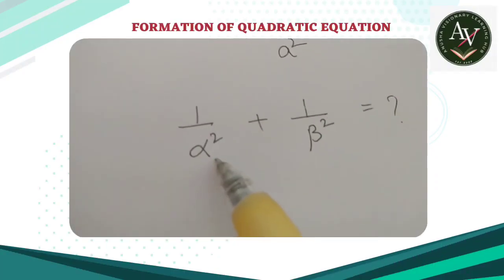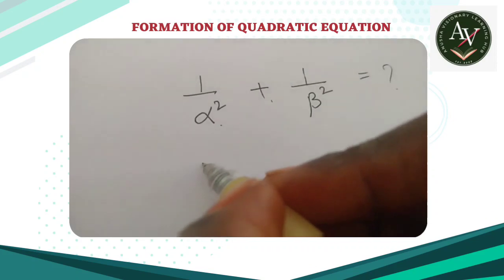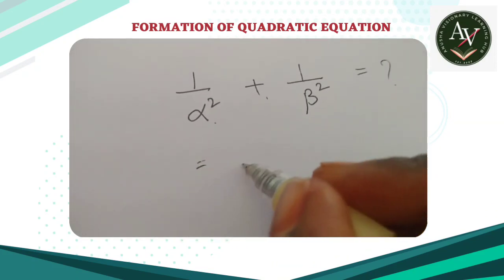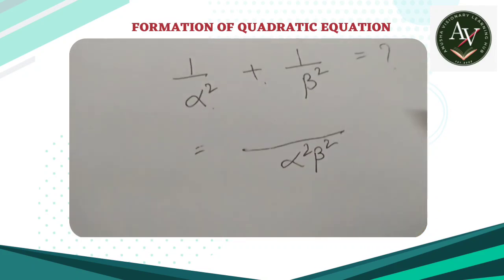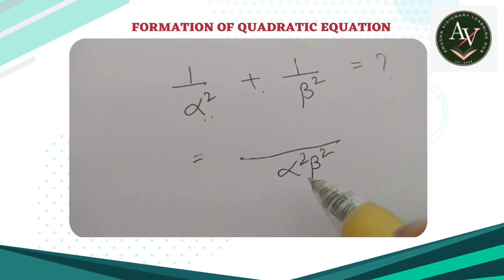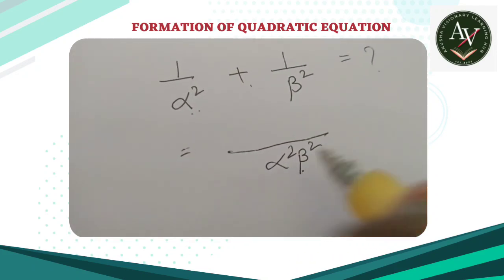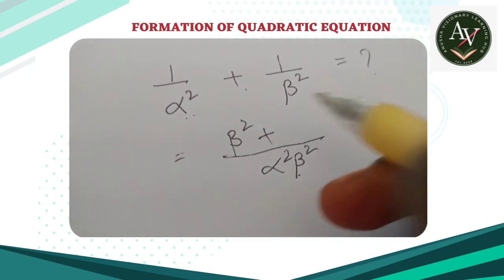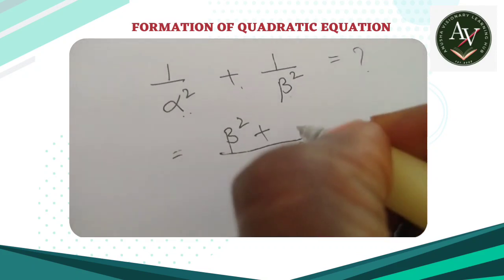Got it? Let's find 1 by alpha square plus 1 by beta square. For that we should take the LCM of alpha square and beta square. Then alpha square multiplied with beta square, if you take the division of these two, you will get beta square. And here beta square will be cancelled so that we get alpha square.